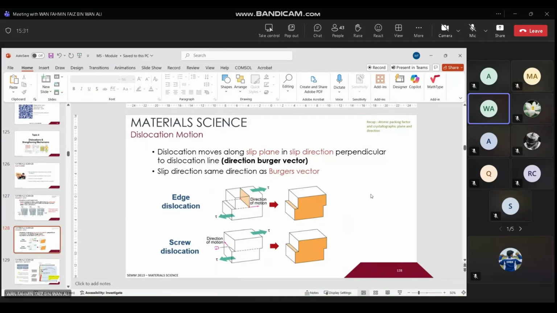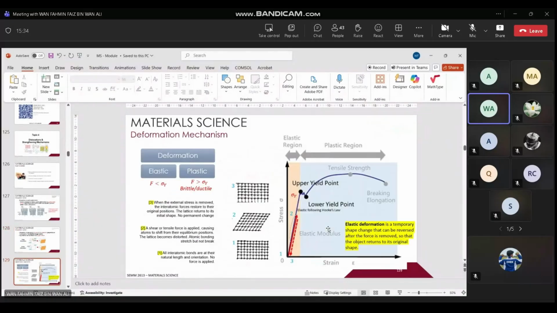That's the concept. So kalau you tengok deformation mechanism, just a recap a bit. Deformation inside the material, on the physical properties or physical structures, we can see in two conditions.